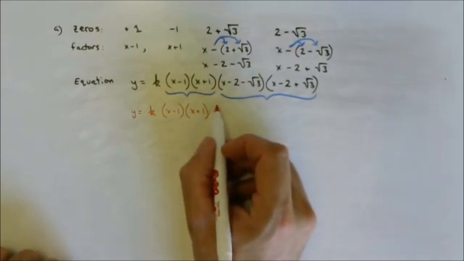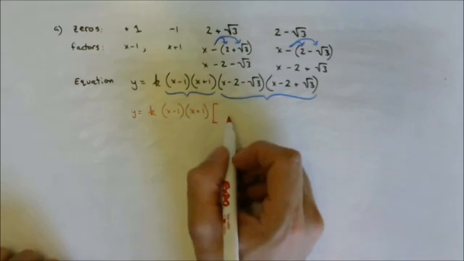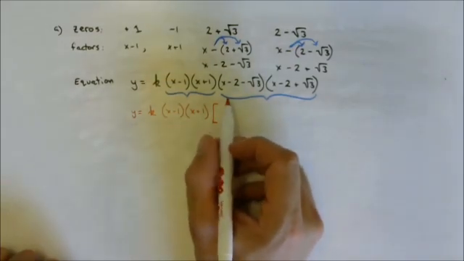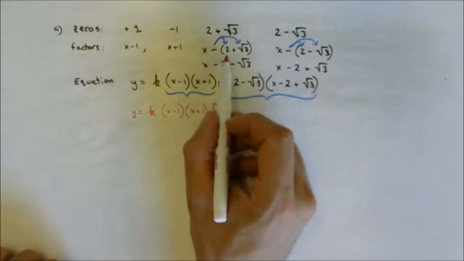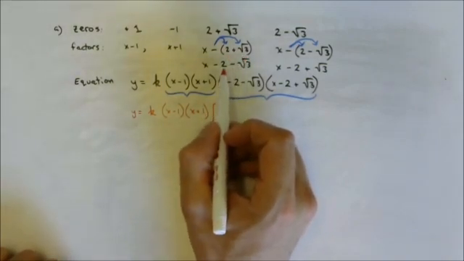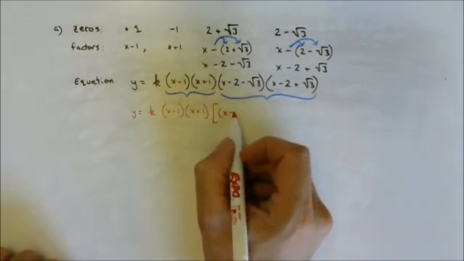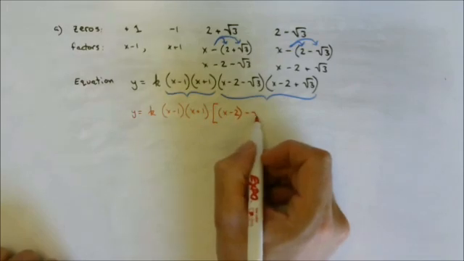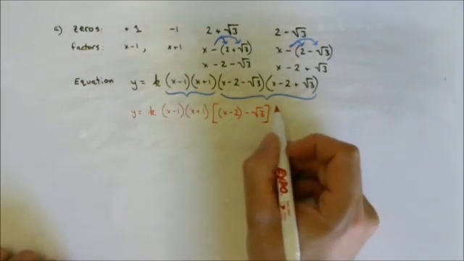It might be a little harder to see here, but I'm going to create a group inside them. Rather than picturing the 2 plus radical 3 grouped, instead I'm going to group this 2 with the x. So you have x minus 2 minus radical 3, close off.